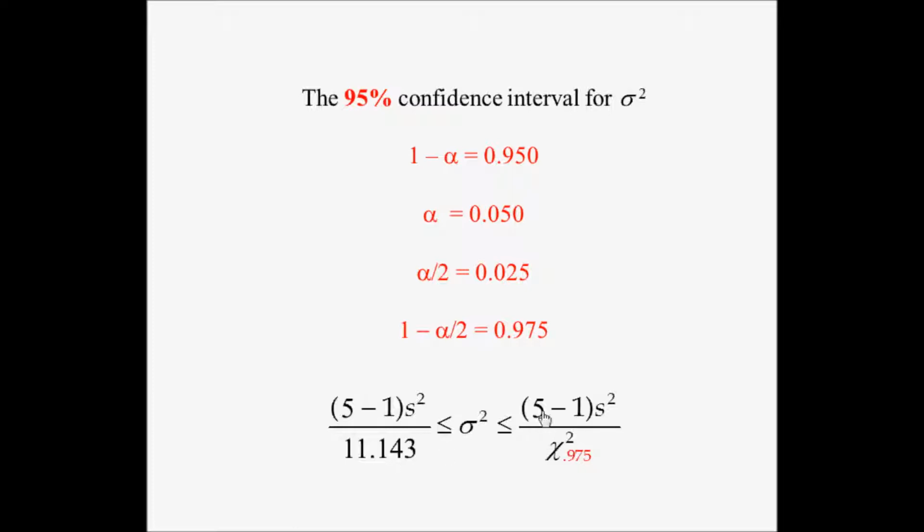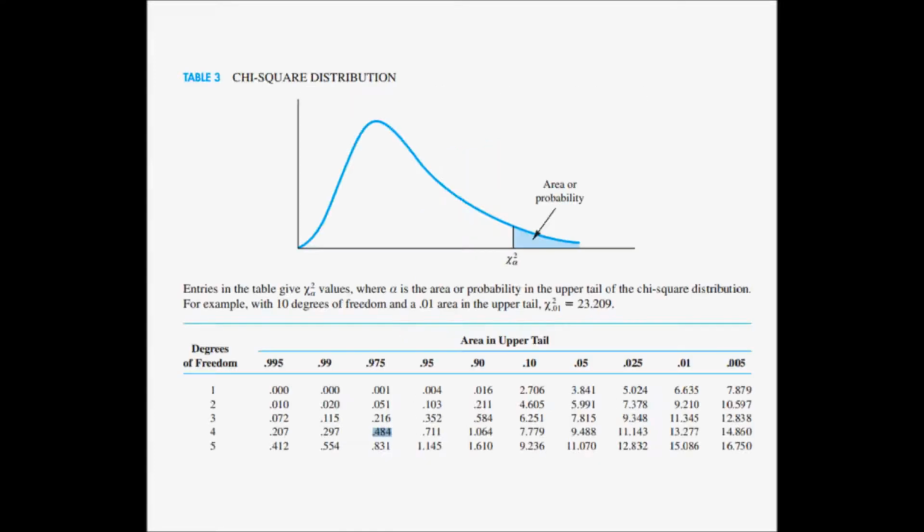Again, I go to row 4, which corresponds to degrees of freedom, and column 0.975 to get the other critical value. So I'm in column 0.975, row 4, because I had 5 observations and 5 minus 1 is 4.